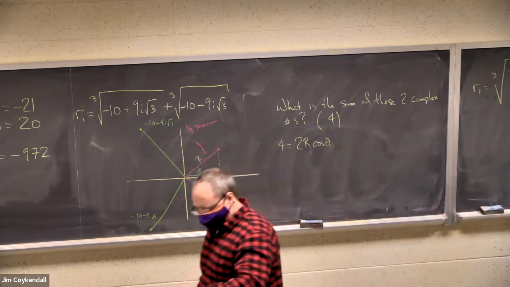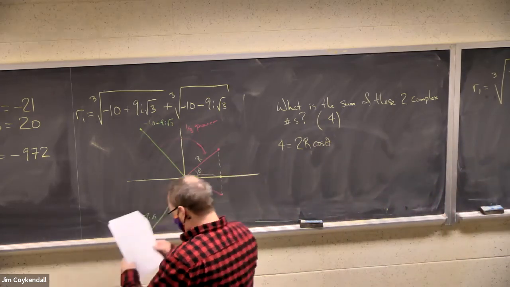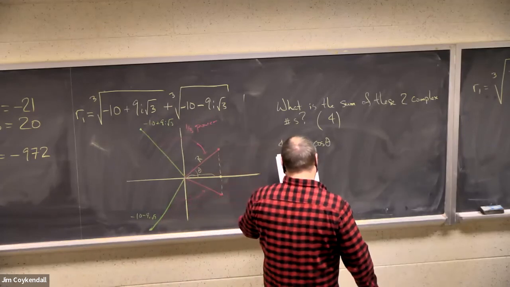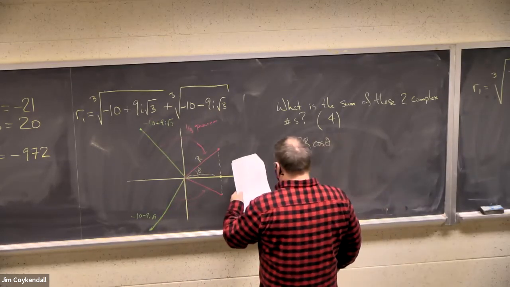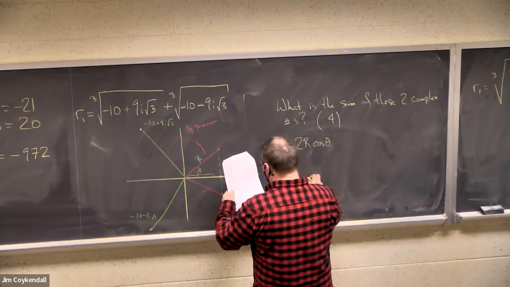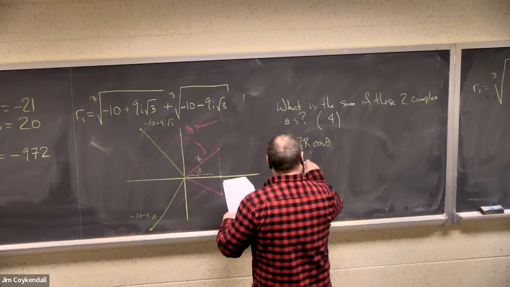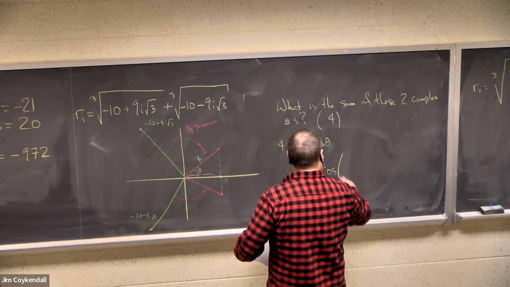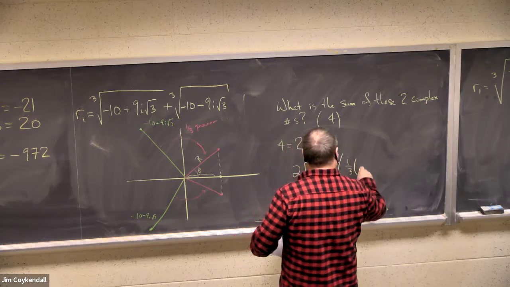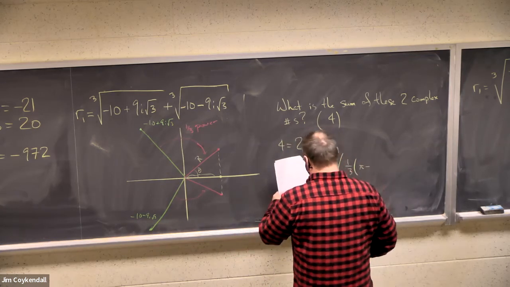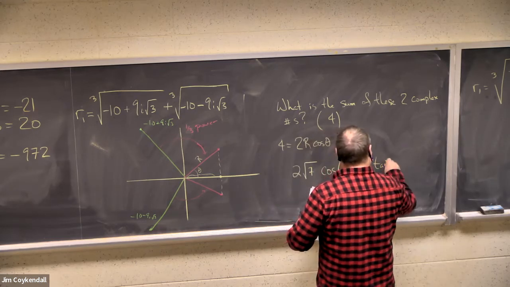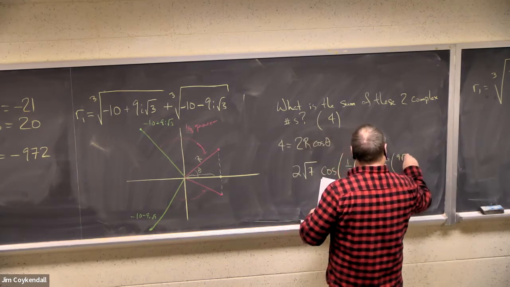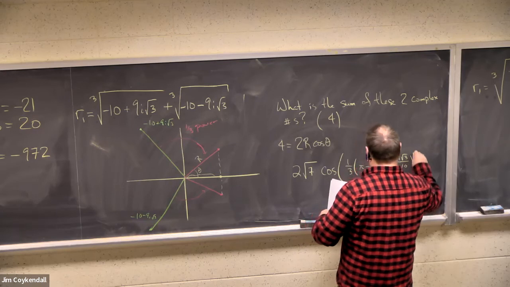And so you can actually write down what this is. So this is actually radical 7 times the cosine of 1/3 of pi minus inverse tangent of 9 radical 3 over 10.